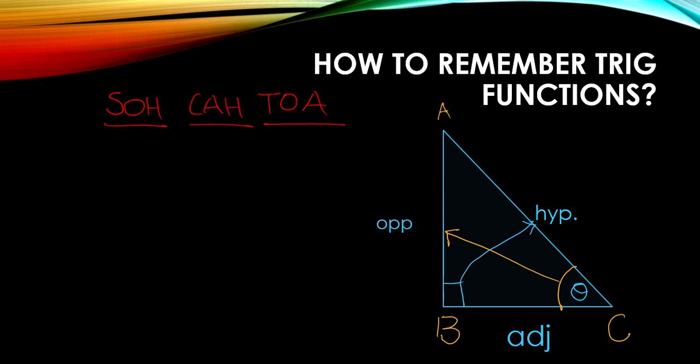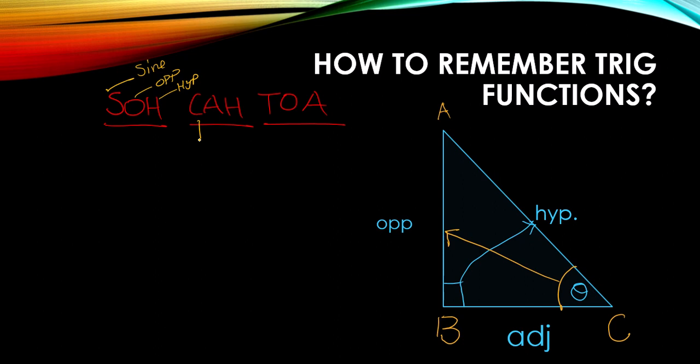Okay, so SOH stands for, S is for sine, O is for opposite, H is for hypotenuse.